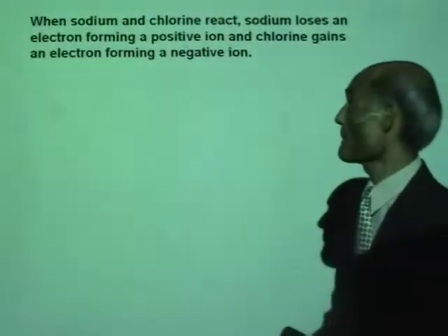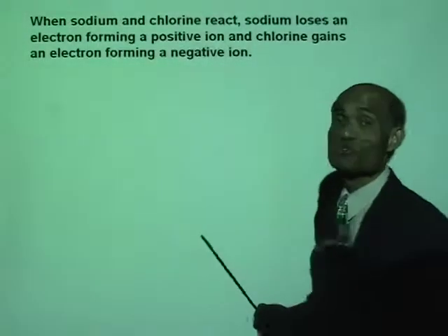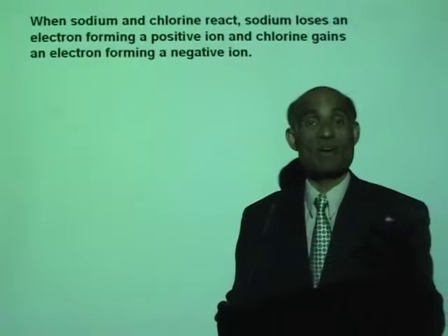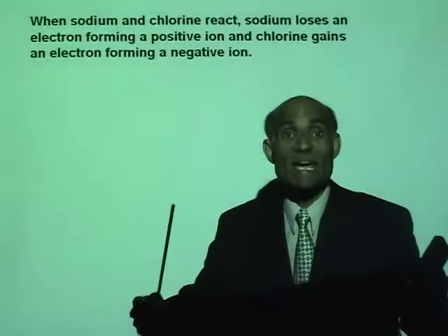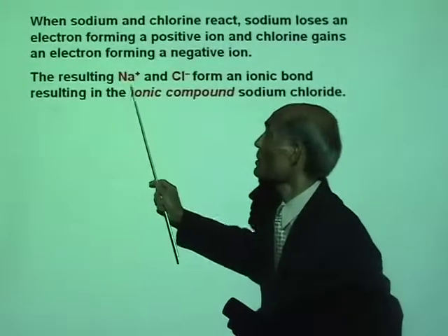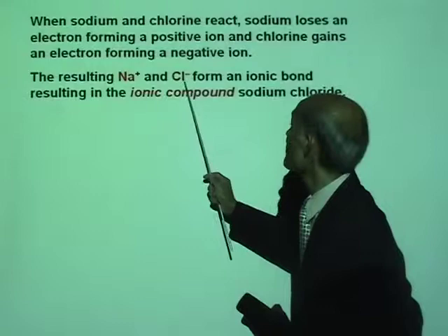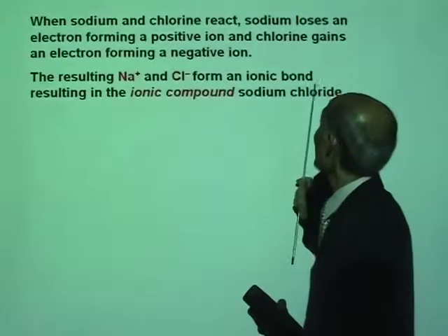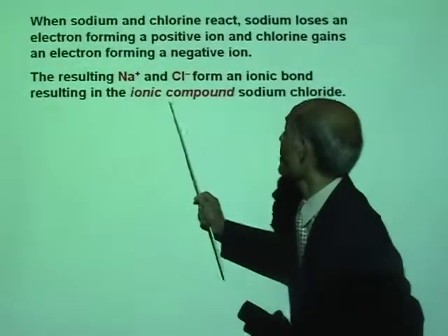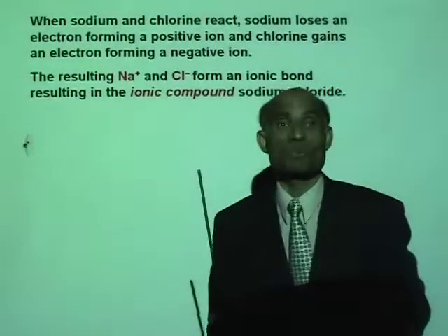negative ion. When sodium and chlorine react, sodium loses an electron forming a positive ion, and chlorine gains an electron to become a negative ion. Look at this. Na+ and Cl- now form an ionic bond, and the resulting compound is the ionic compound we called sodium chloride.